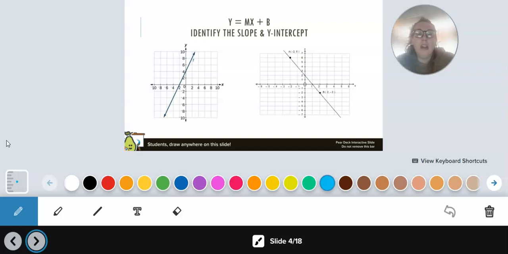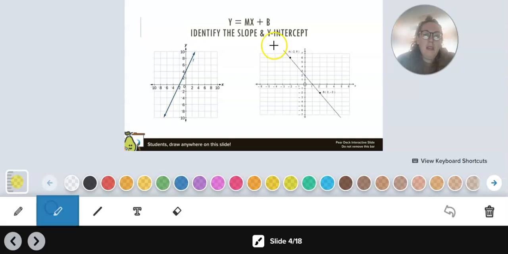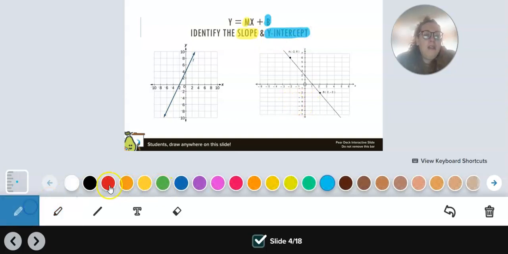Again, we're reminding our brain of the stuff that we looked at in the last module. Y equals mx plus b. Remember, m is our slope, and b is our y-intercept. Looking at this first equation, I see the y-intercept is at 4, so 0, 4. And for the slope, we want to find another point, and remember, we want it to be a point right on the grid line.